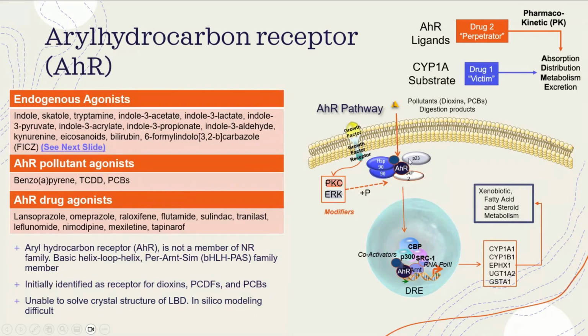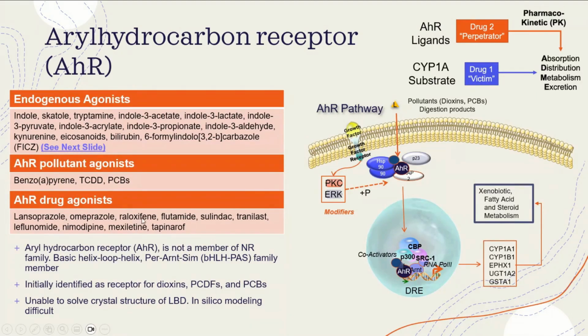And this is not a nuclear receptor, but it has the same basic mechanism of action: ligand binding to DNA, in this case as a heterodimer with ARNT, regulating phase 1, phase 2, and phase 3, a different battery of genes, but again, leading to drug-drug interactions. So different family, same activity.